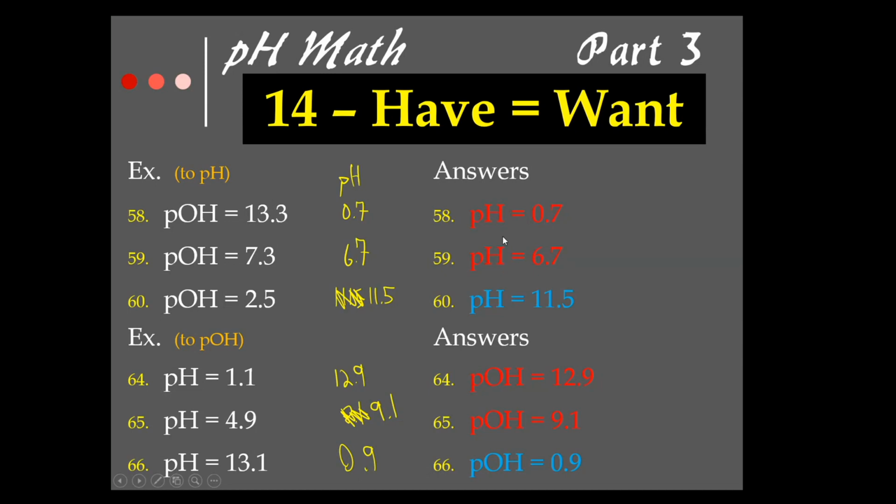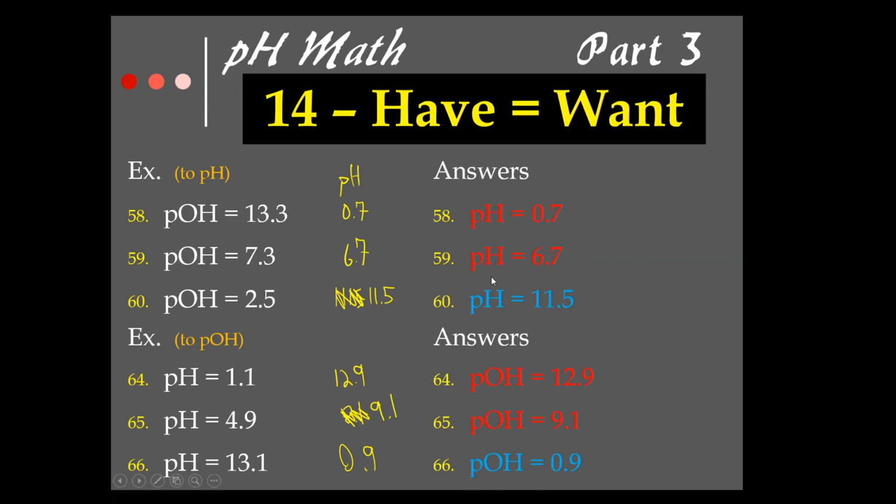But notice, less than 7 pH is acid, but greater than 7 pOH is acid, because pOH and pH measure opposite things. So you have to keep in mind that low pH is acid, low pOH is base.